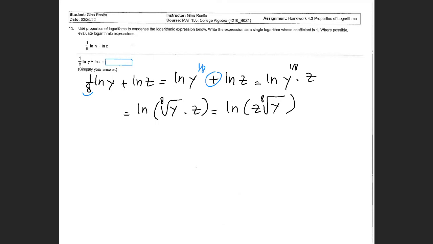Okay, number 14. Okay, just go directly, yeah? So, 4 times natural log x plus 6 minus 3 natural log x. Okay, this is power, yeah? So, change first, yeah?